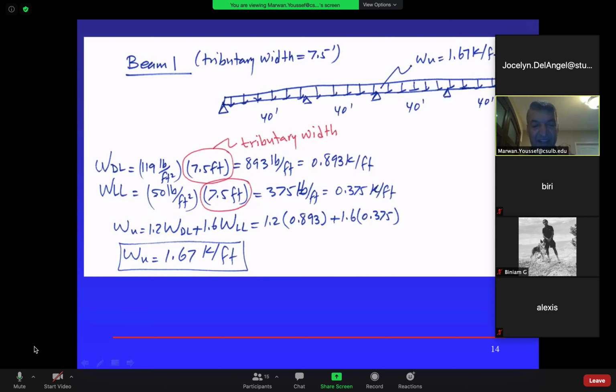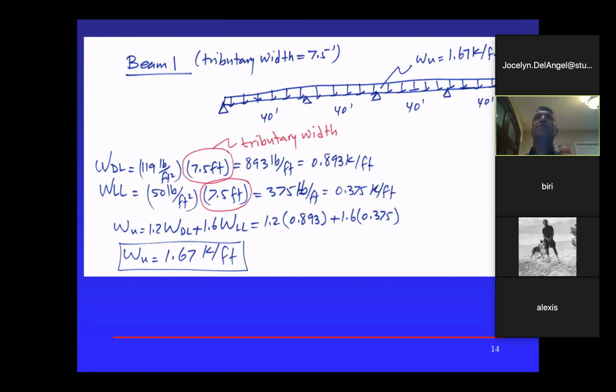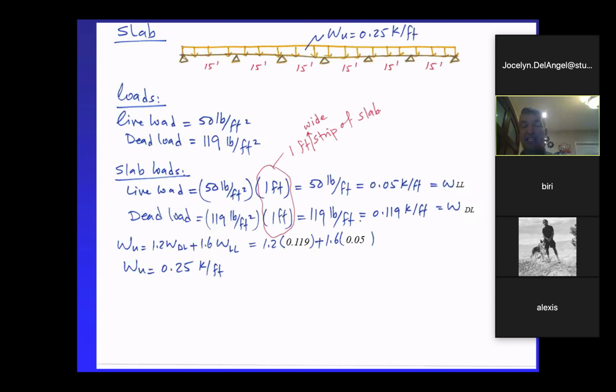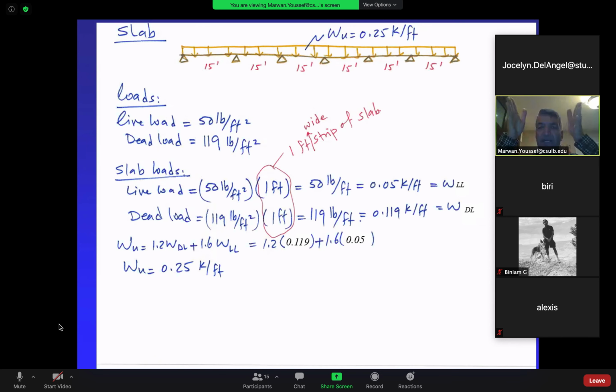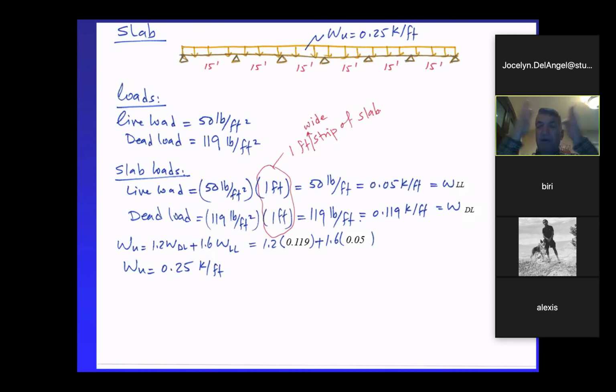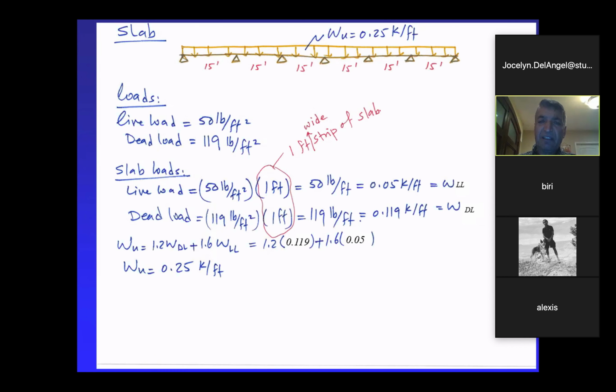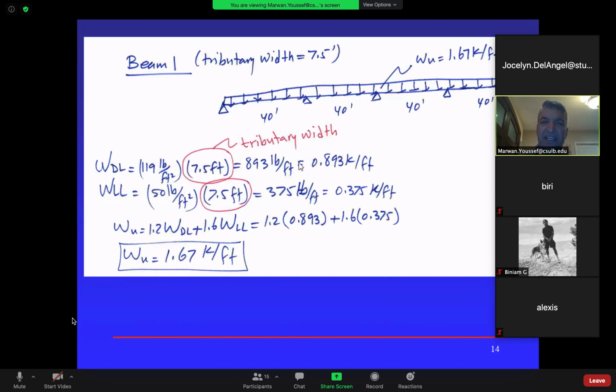So think about this. The slab is carrying this load that we calculated here, so I can find the moments in the slab, meaning the area between the beams. I need to pick up rebars for that. And then ultimately these beams are carrying 7.5 feet of the slab on each side.